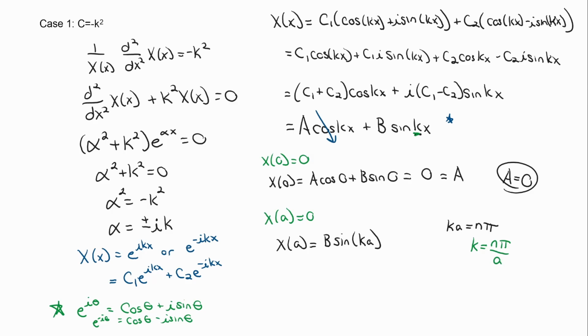So if we apply that into our general solution, we'll see that our function of x is equal to our constant B times sine of n pi x all over a. And this is our spatial solution for our classical wave equation, for our displacement.